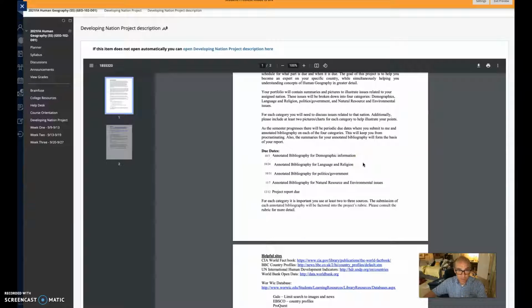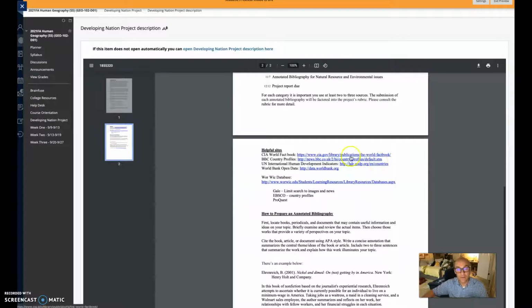By doing these bibliographies sort of in stages along the way, it helps you not procrastinate to the very, very end for the final assignment. The information you acquire in these bibliographies and annotate them will serve as the basis for your final project. More on that in a second here.